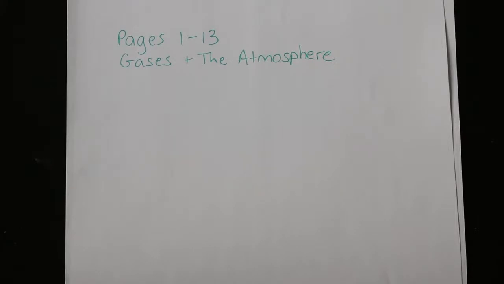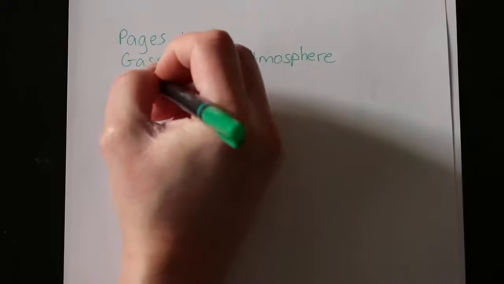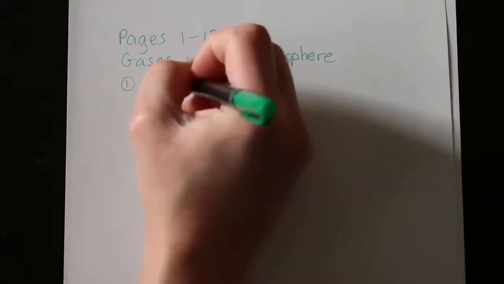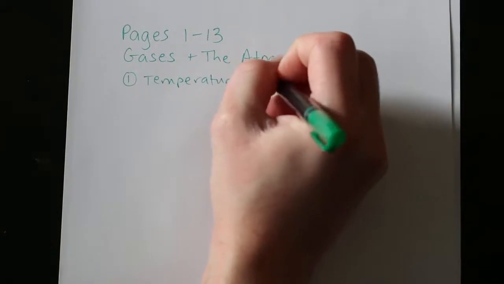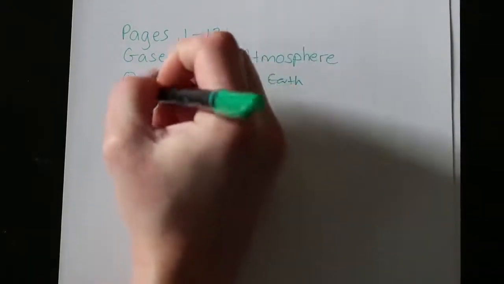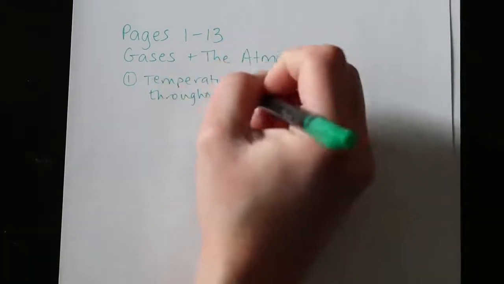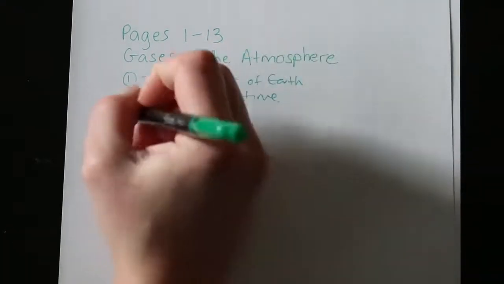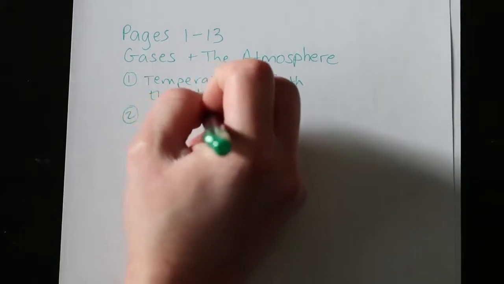But there are a few things that I am going to talk about in this short video. The first thing is the temperature of the Earth throughout time. And the second is going to be the oxygenation of the Earth.